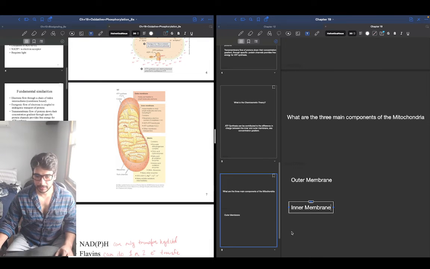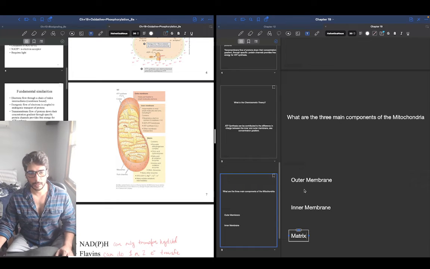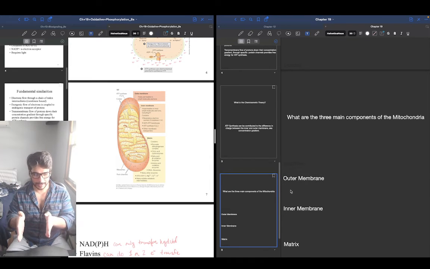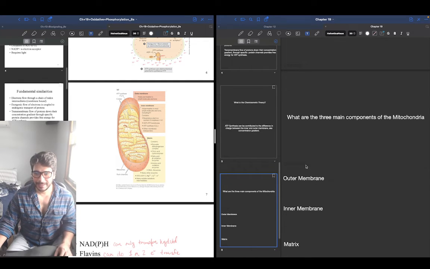And then the matrix. Because I am half insane and I like having some sort of structure. So the outer membrane.